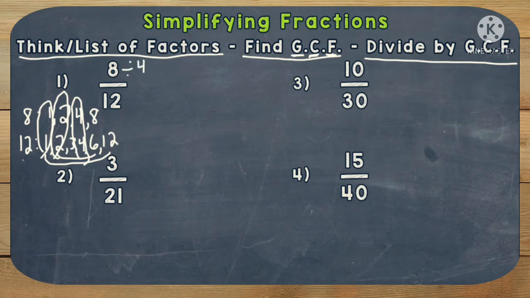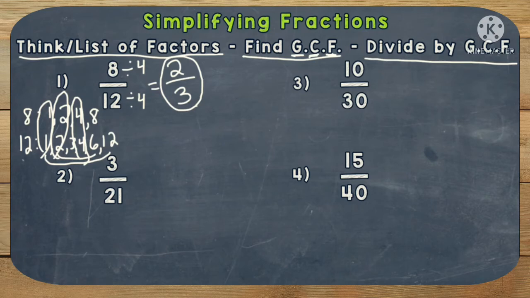So we need to do 8 divided by 4 and 12 divided by 4, and it's going to give us the simplest form of 8/12. Well, 8 divided by 4 is 2, and 12 divided by 4 is 3. So 2/3 is the simplest form of 8/12.